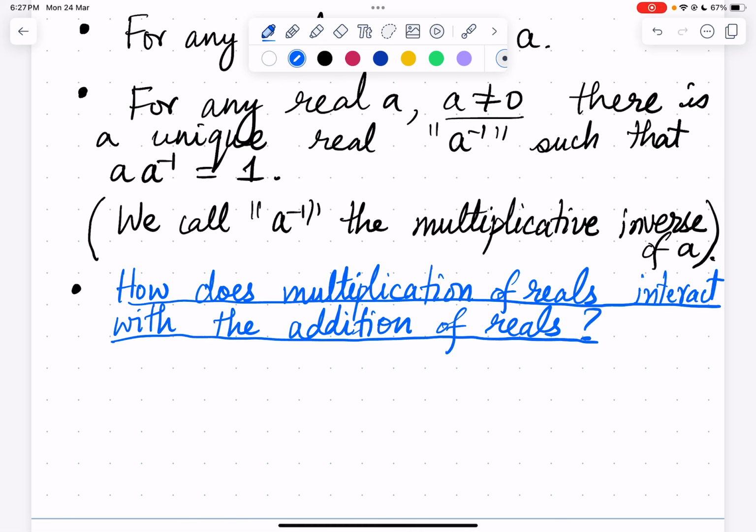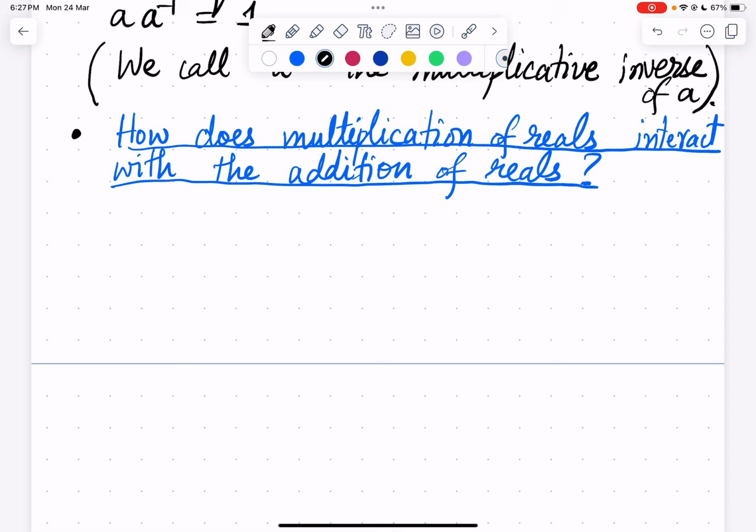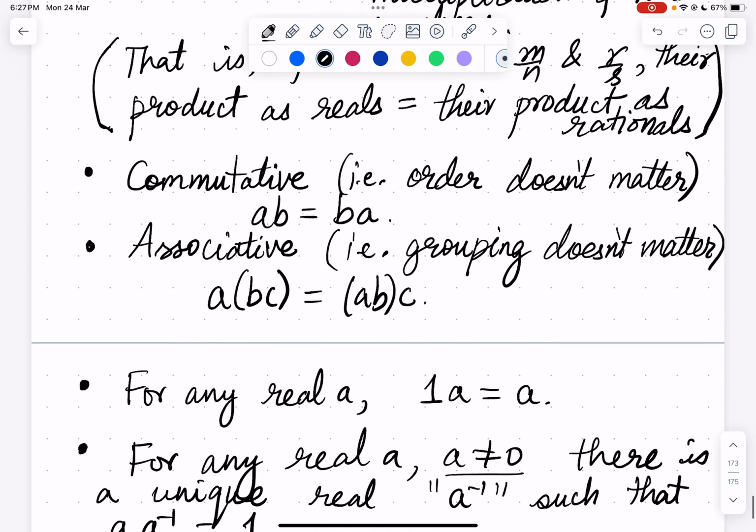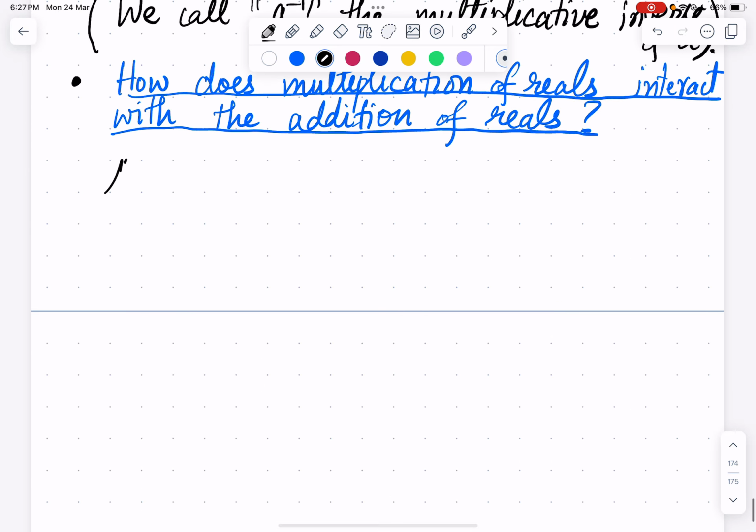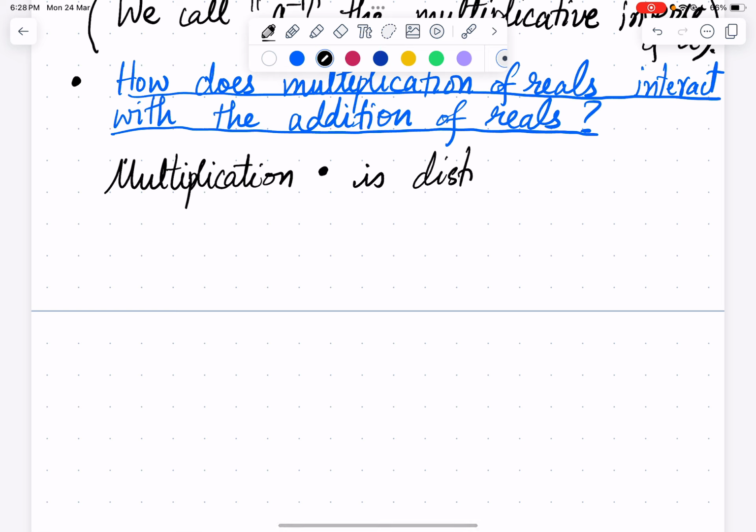It turns out we have distributivity, like we had distributivity of multiplication of rationals. So distributive over plus. So we are talking about multiplication of real numbers, right? So the last property is multiplication of reals is distributive, or I'll just write in symbols.